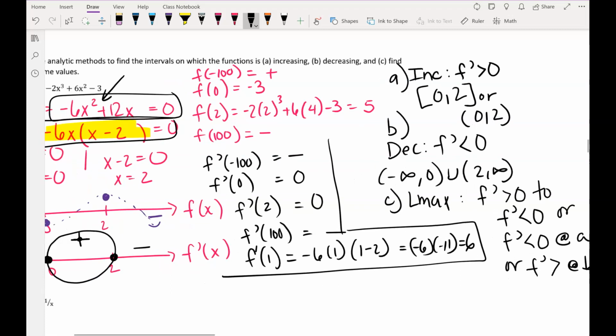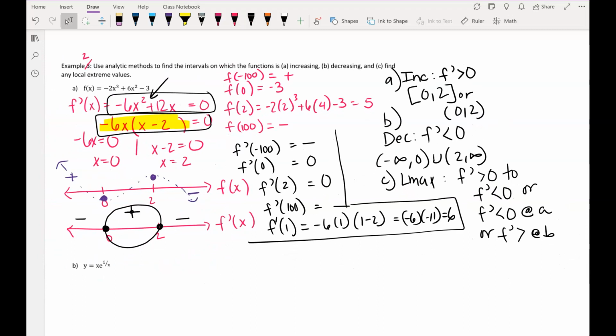Since we don't have left and right endpoints, because this goes on forever, we would be looking at this right here. Is there any location where the derivative goes from positive to negative? Yeah, for sure, right there.